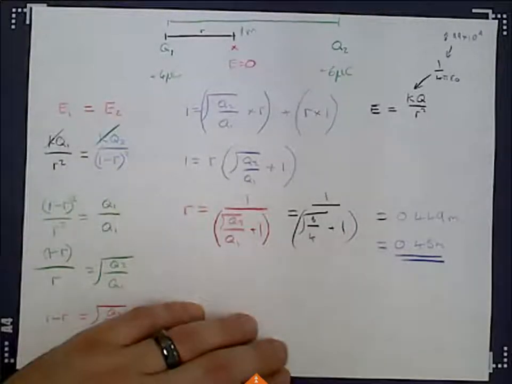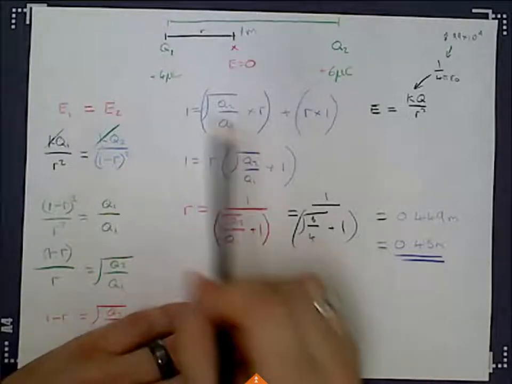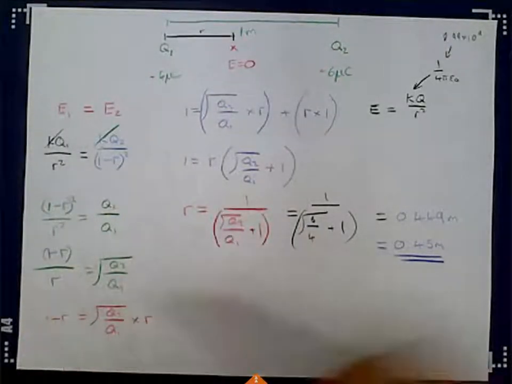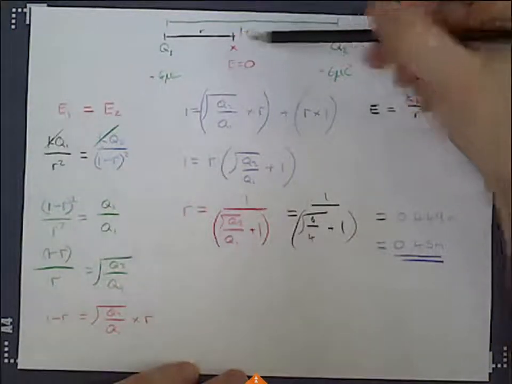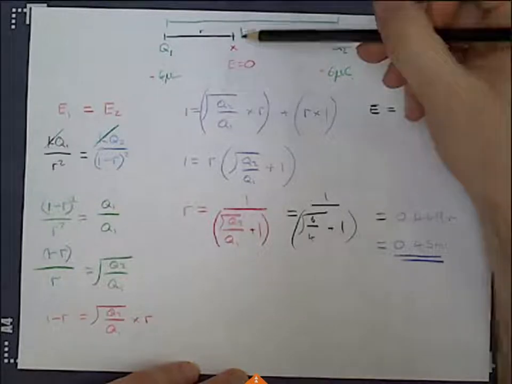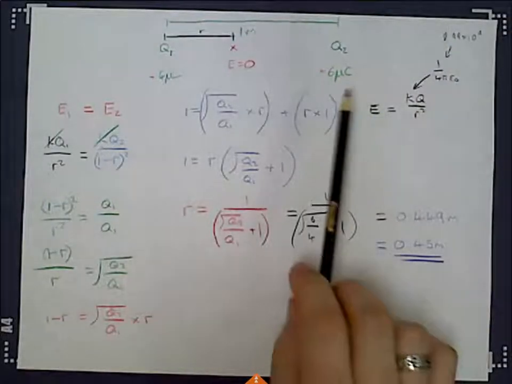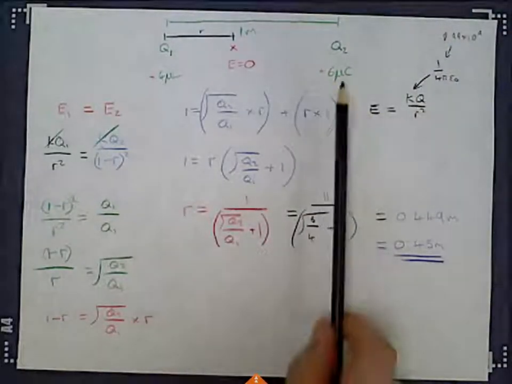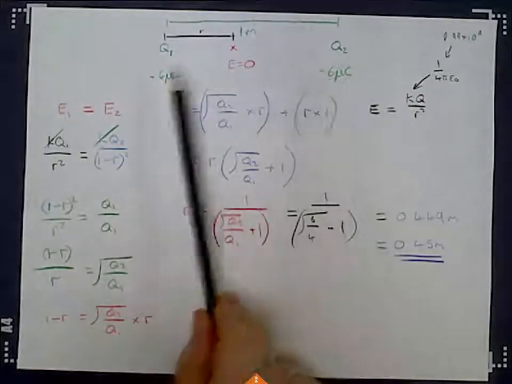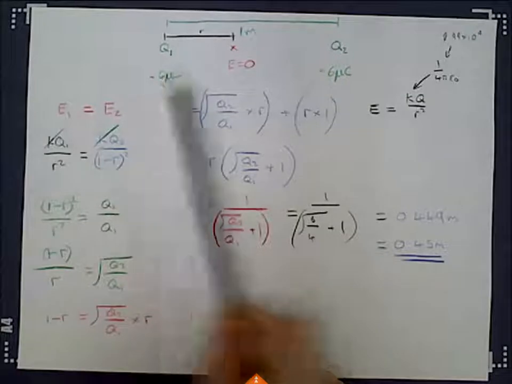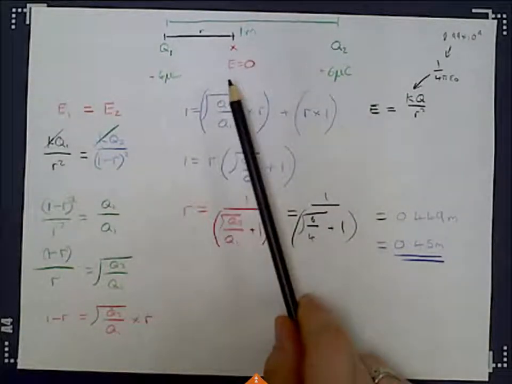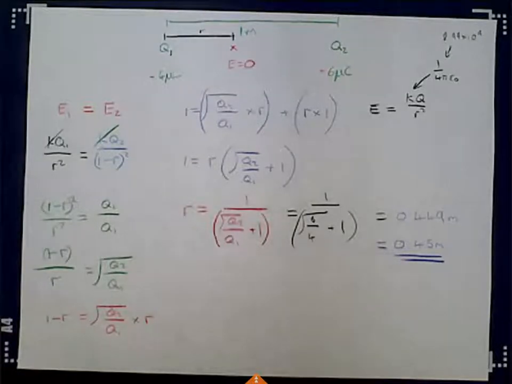So we're saying that the distance r from there to there is 0.45 meters. Therefore, the distance from there to there is 0.55 meters. And it's as we would expect, because the greater charge would exert a stronger field than the smaller charge, and so a zero point would be further away from the stronger charge and closer to the smaller charge.